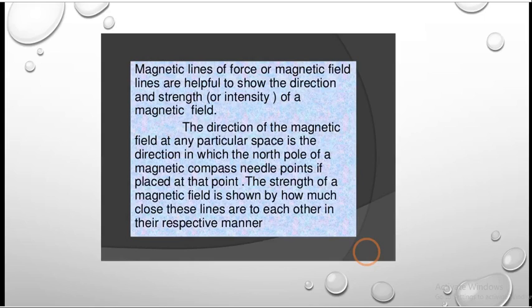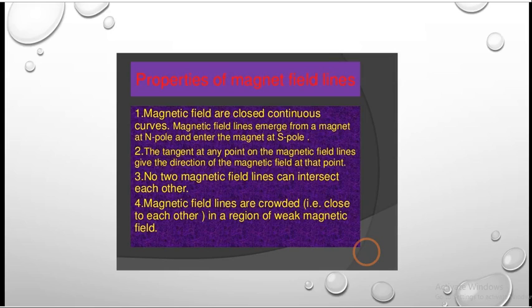The direction of the magnetic field at any particular point is the direction in which the north pole of a magnetic compass needle points if placed at that point. The strength of a magnetic field is shown by how close these lines are to each other. There are a few properties also.